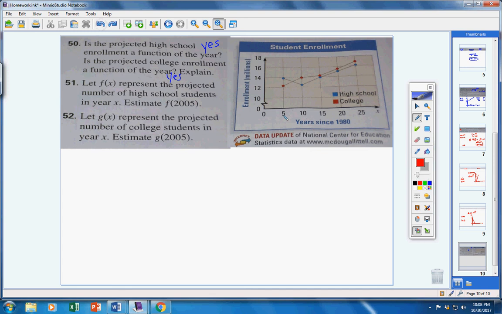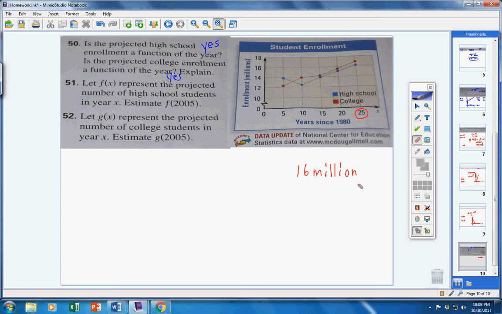That's 85, 1990, 1995, 2000, 2005. There it is. So at 2005, what's the projected number of high school students? Well, blue's high school looks like it's going to be, this is in millions, barely above 16 million. I'm just going to say 16 million. It says estimate, that's good enough, okay?